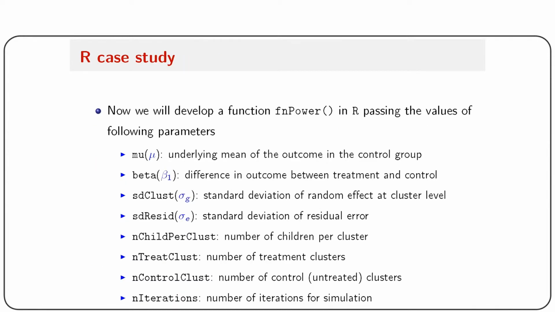Let's do a case study. Now we will develop a function f in power in R, passing the following arguments: mu, beta, SD cluster, SD residual, n child per cluster, n treatment per cluster, n control per cluster, and n iterations, the number of iterations for simulation.